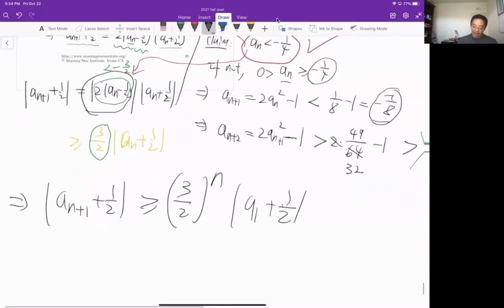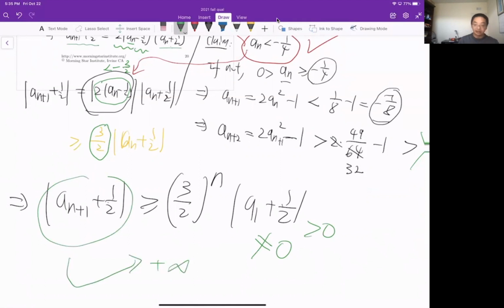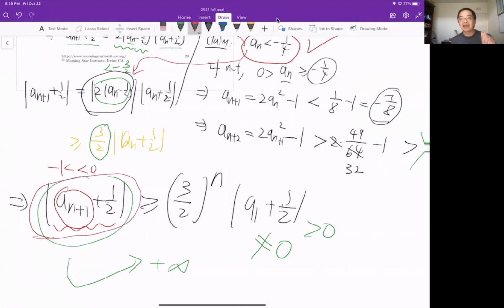Now, if a_1 plus 1/2 is not 0, which means it is positive, this guy will go up all the way to infinity. But that's not possible, since a_n is between 0 and negative 1, and if you put it together, this quantity is at the most 1/2.